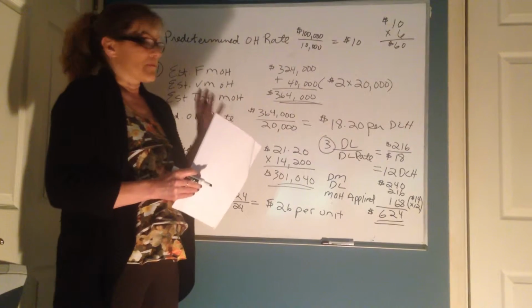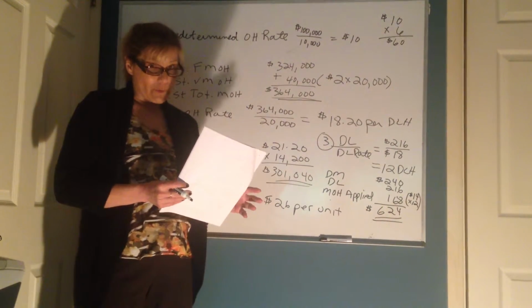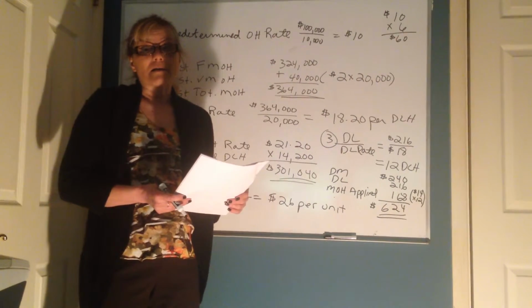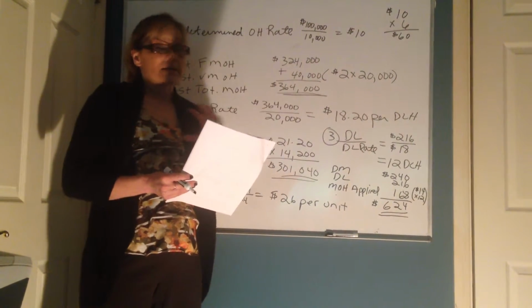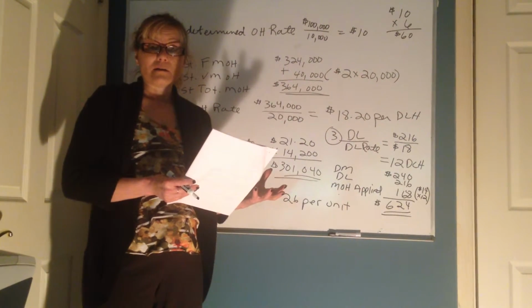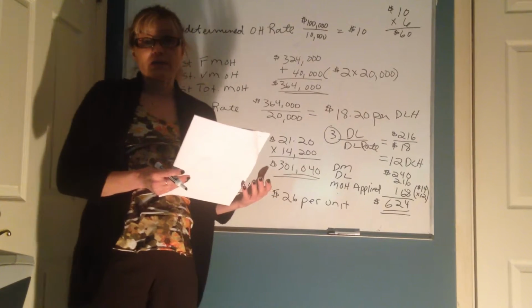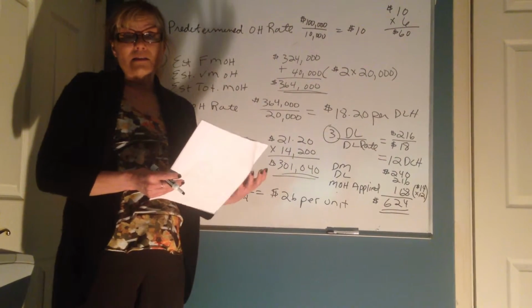The reason we apply overhead rather than using our actual costs is for a few different reasons. One is because, remember, the whole point of managerial accounting is getting information really quick. If we waited until the end of the period, we wouldn't have that information as early as we need it. The second reason is seasonality factors.